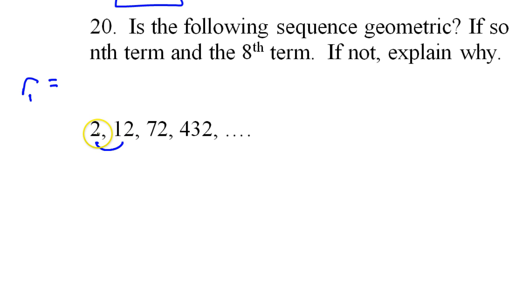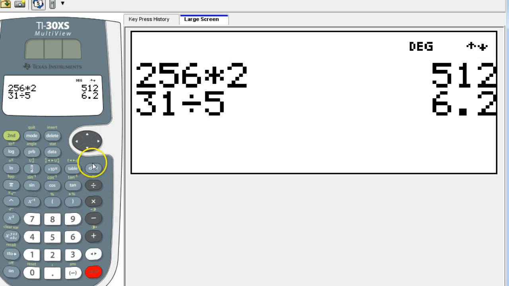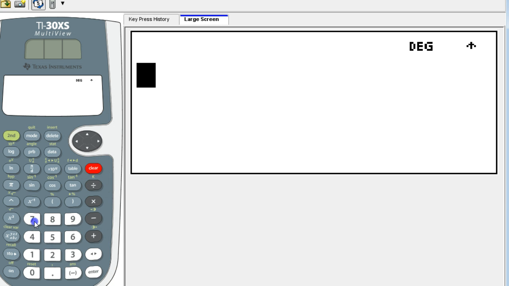Okay, so if I do that using these two, I'll call that R1. So I've got 12 divided by 2. So that's going to be 6. Okay, so that's a ratio of 6. I guess I will just do it right here. If I do these two, that's 72 divided by 12. Okay, and you know what this is.